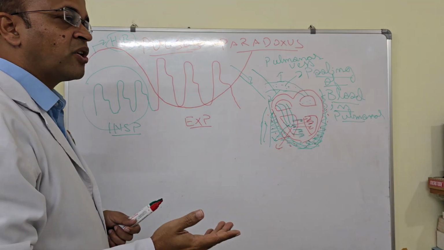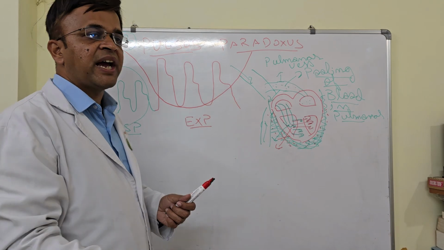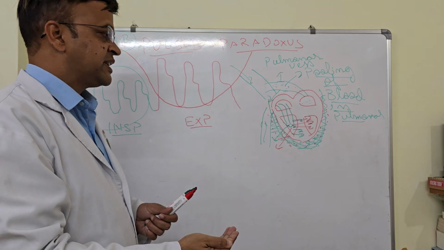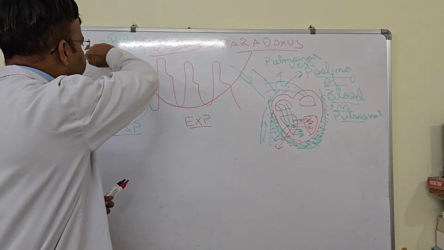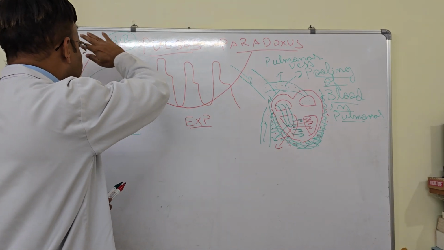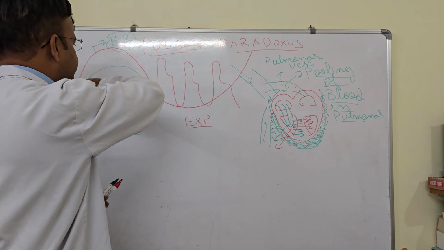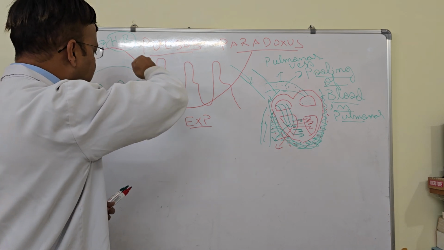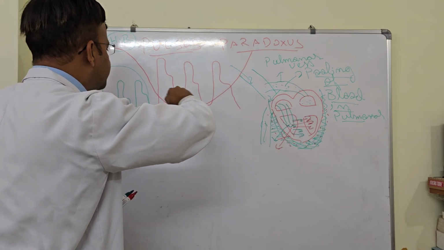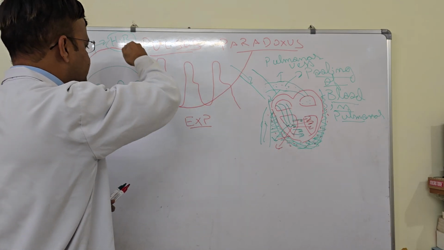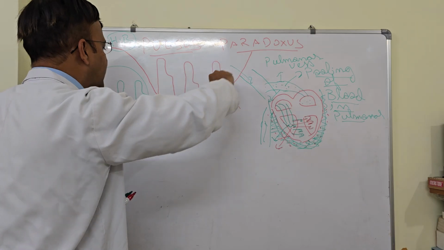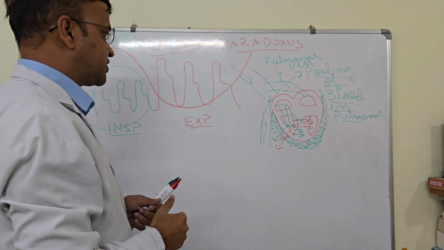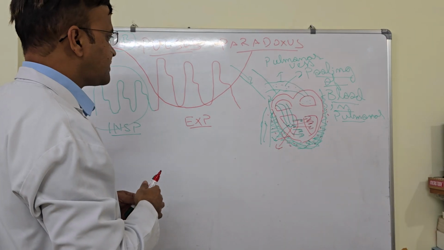Why this happens? Because your vagal tone varies during inspiration and expiration, right? So vagal tone will increase during expiration and vagal tone will decrease during inspiration, right?